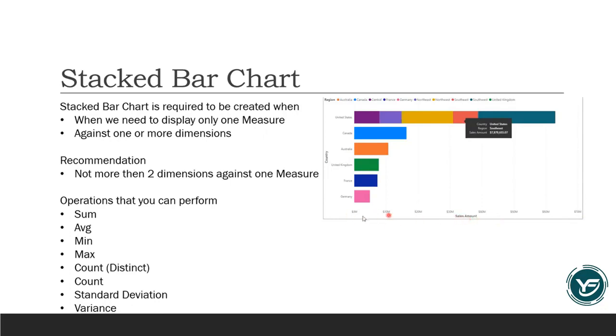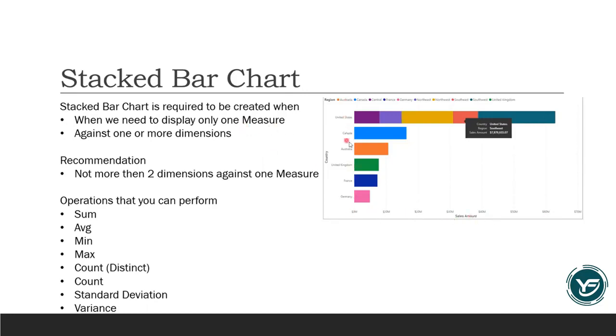So the name of the x-axis is sales amount. It means that on the horizontal side, you are going to get the values. This is the value which we call the measure. This is coming from your fact table.